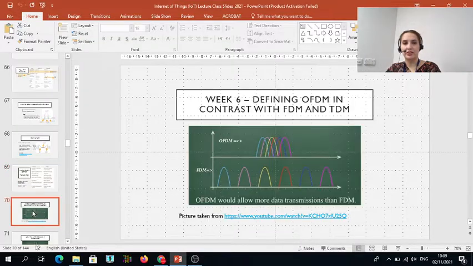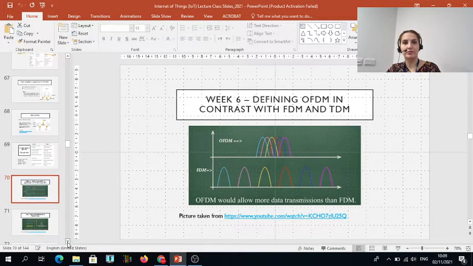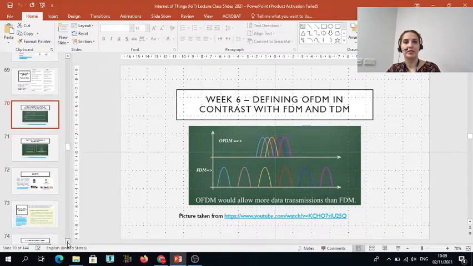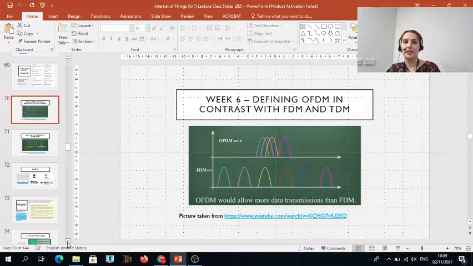Then I already said that we looked at OFDM in contrast with FDM and also TDM. So I assume everyone knows by now how an OFDM signal is generated.